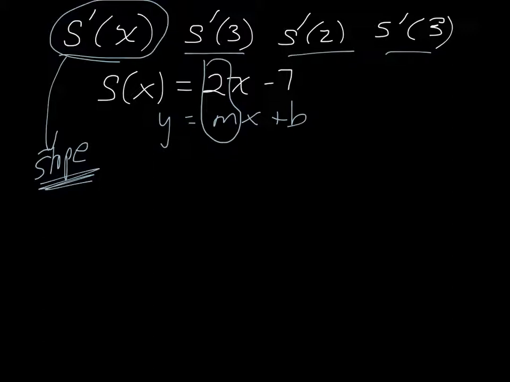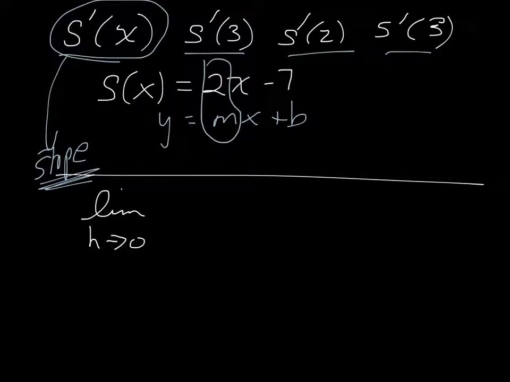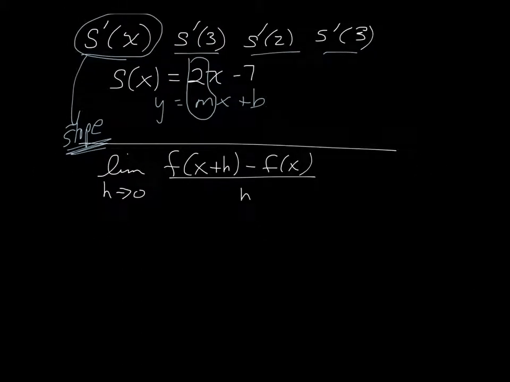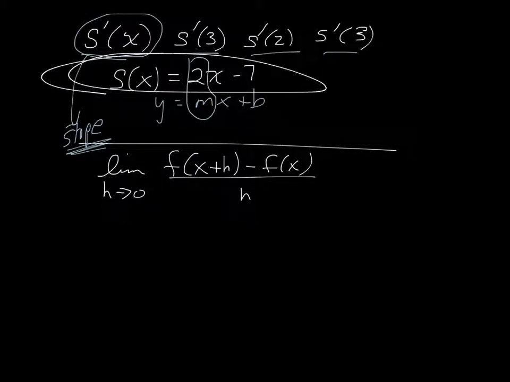So the four-step process says find the limit as h goes to 0 of f of x plus h minus f of x all over h. When you work enough of these, you will get that memorized. And so what you do with this is where you see your function, the 2x minus 7, so this equals the limit as h goes to 0, 2x, where you see an x, plug in x plus h, minus 7.